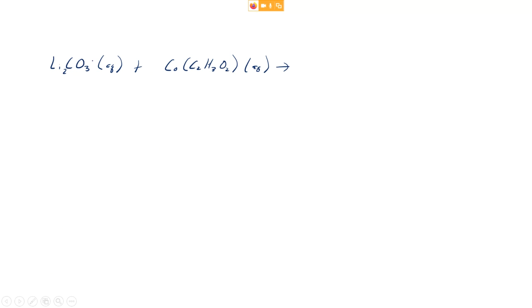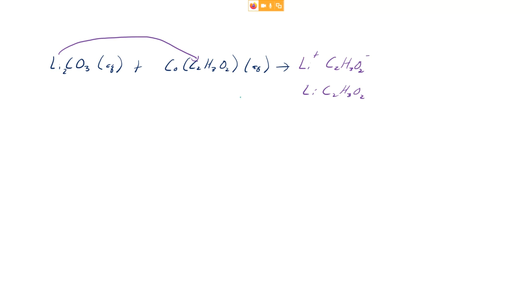So the first thing is to realize it's a double replacement. So I'm going from lithium to acetate. Lithium is a +1 charge. Acetate is a -1 charge, so it's just LiC2H3O2.